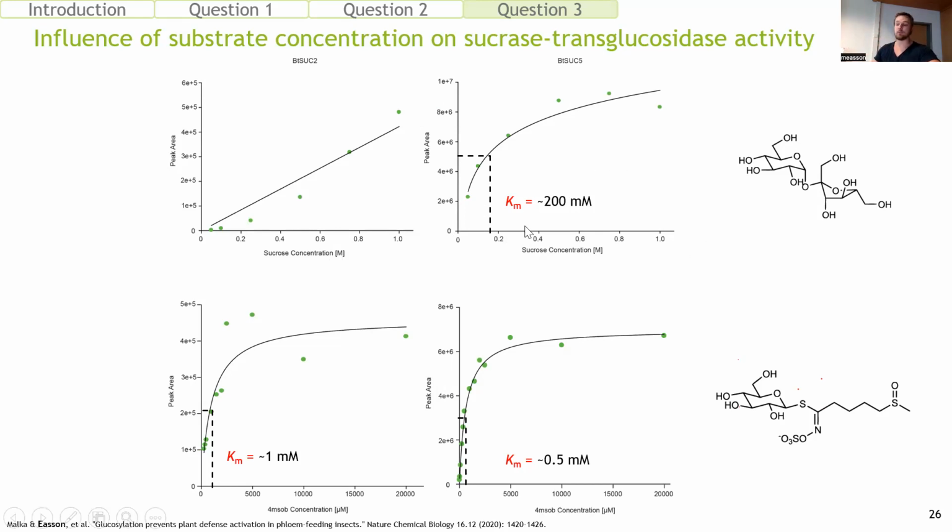I was able to produce physiologically realistic values for these enzymes, being around 200 millimolar for sucrose as a KM, and around 0.5 millimolar or 500 micromolar for phloem-SOB glucosinolate. And this is exactly what we would expect to be present within the phloem. So this was also very exciting.